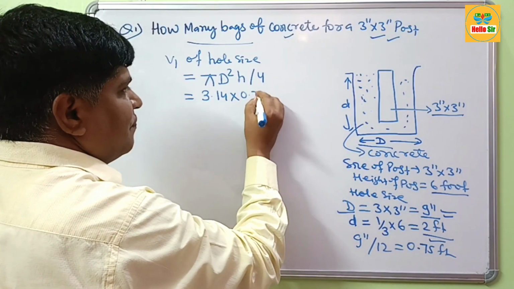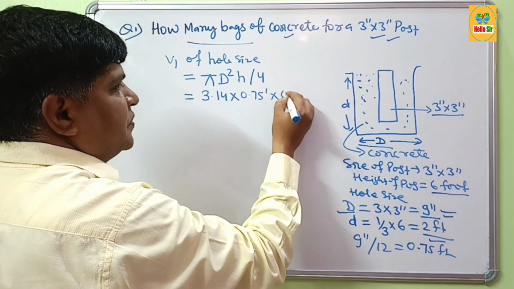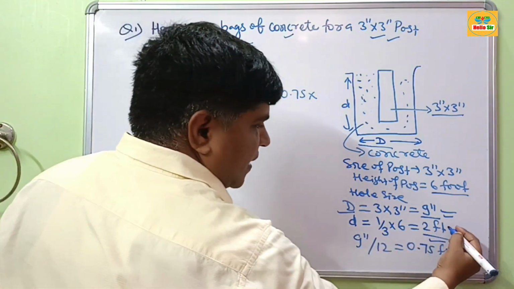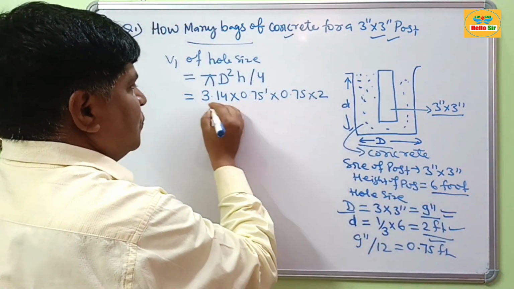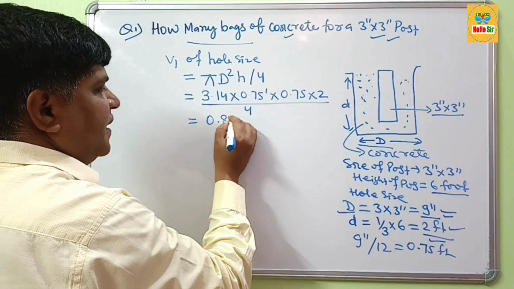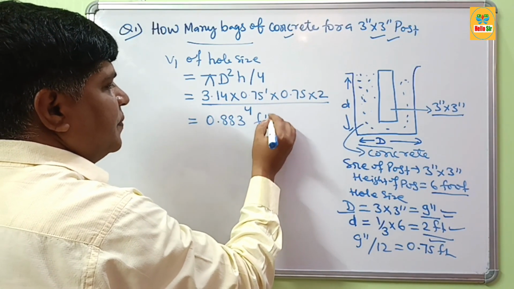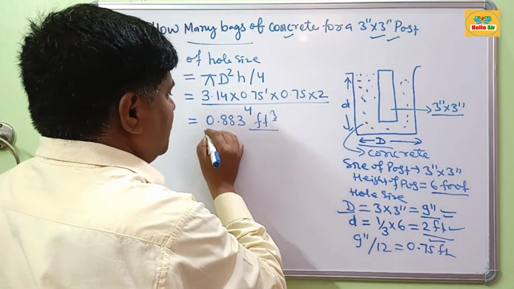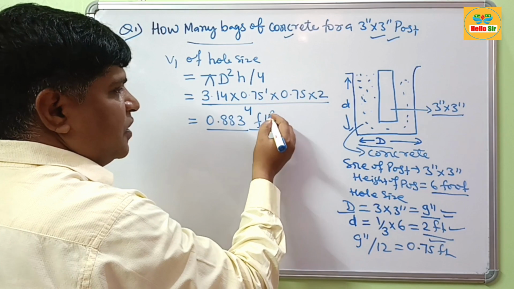Here 0.75 feet squared, and what is the height? You have found the height is 2 foot, all divided by 4. This comes to about 0.883 cubic feet. So the volume of this hole is about 0.883 cubic feet.